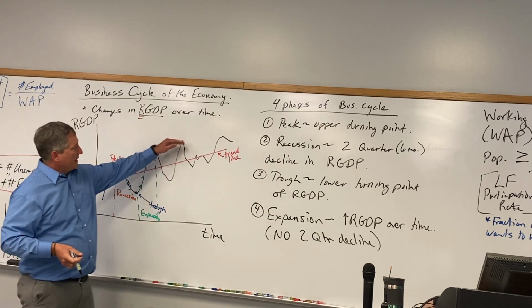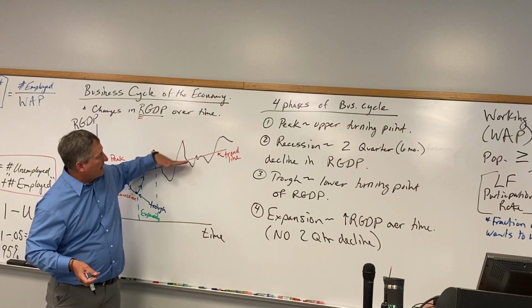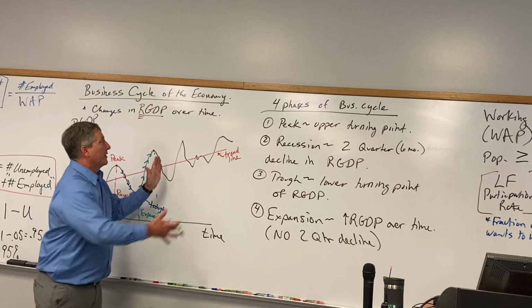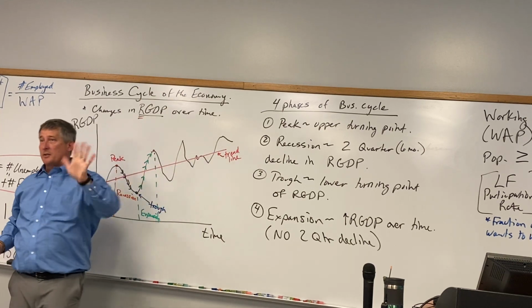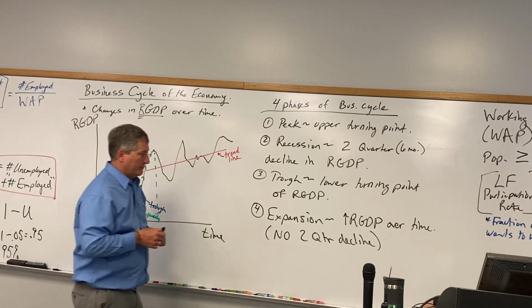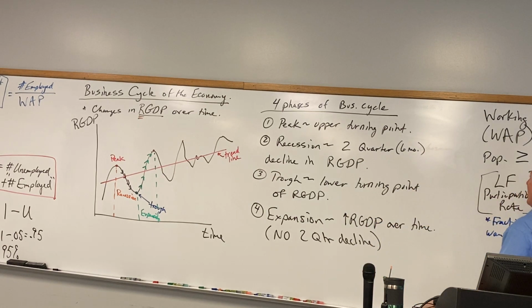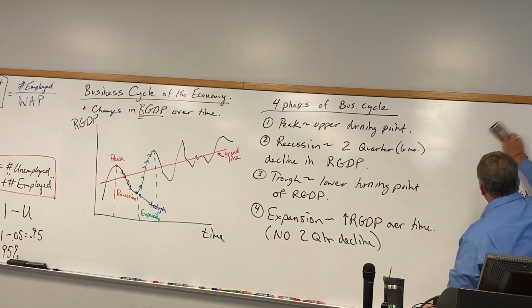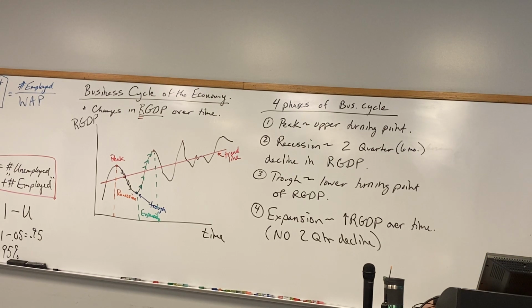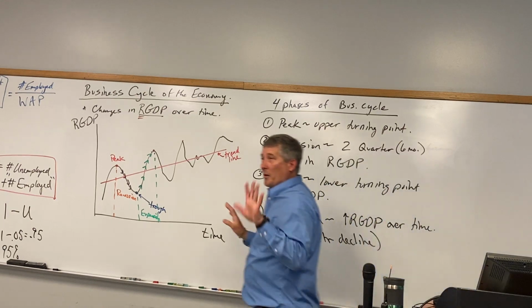So even during this time, even though it went down a little bit, it would still be part of the expansionary phase as long as there wasn't a 2-quarter decline during it. All right, so questions on the 4 phases?